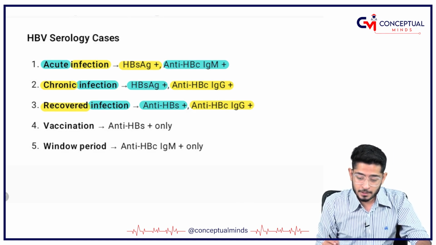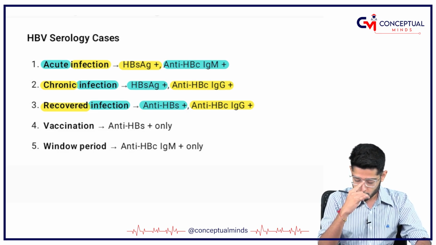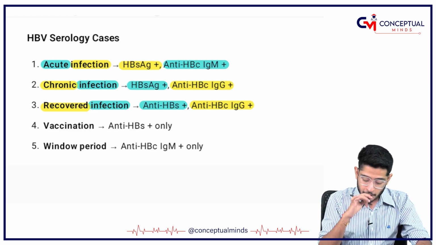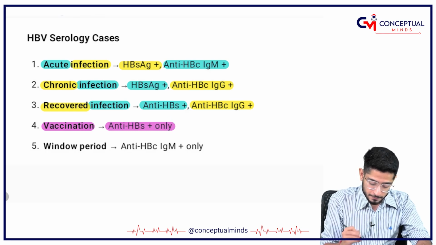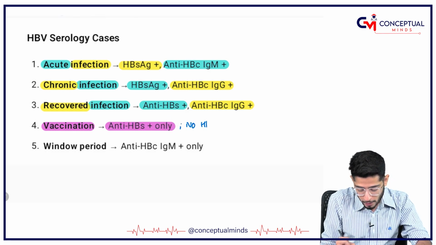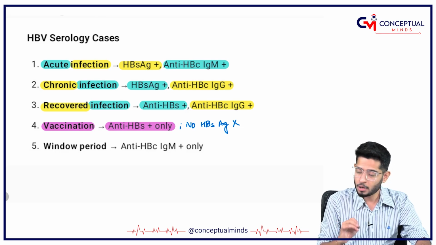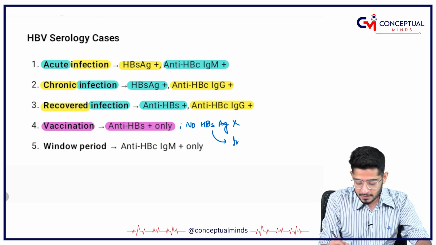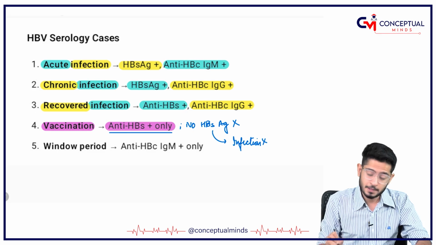So recovery and chronic infection are almost similar. After that, you have got vaccination. So if you want to know about the vaccination, anti-HBs should only be present. There should be no HBs antigen positive, because this is suggestive of infection, whereas there is no infection in vaccination. So anti-HBs should only be present.